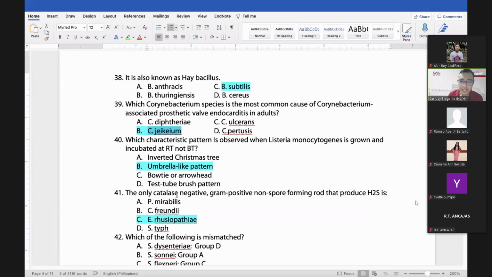40. Which characteristic pattern is observed when Listeria monocytogenes is grown and incubated at room temp, not at body temperature? Since you know that Listeria monocytogenes is a motile type of bacteria, so yung characteristic niya class when grown on a semi-solid agar medium that is incubated at room temp is umbrella-like pattern.